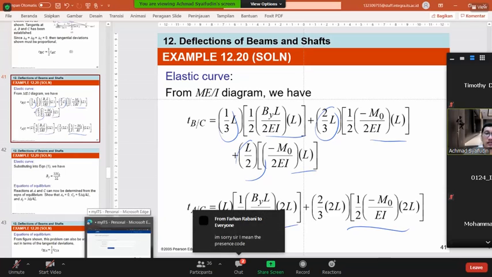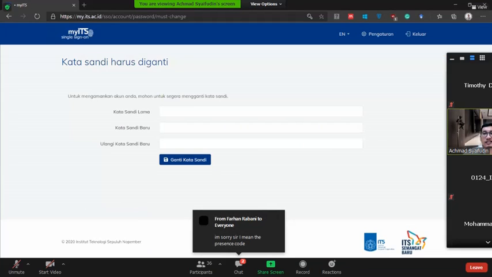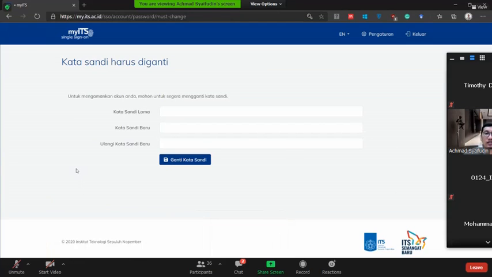The attendance code only lasts for 15 minutes. Actually, I think you can ask your friend about the attendance code. And now it is more than 15 minutes.